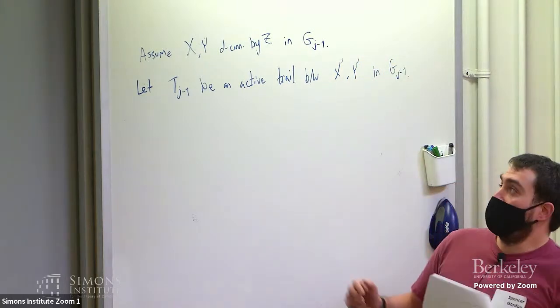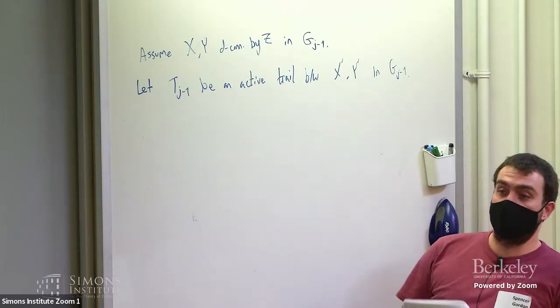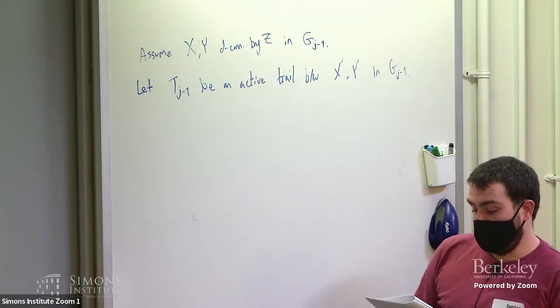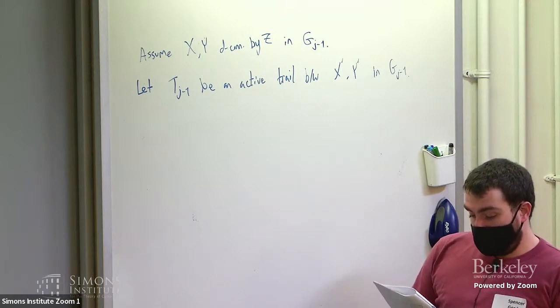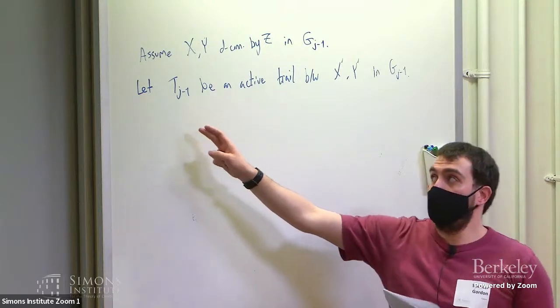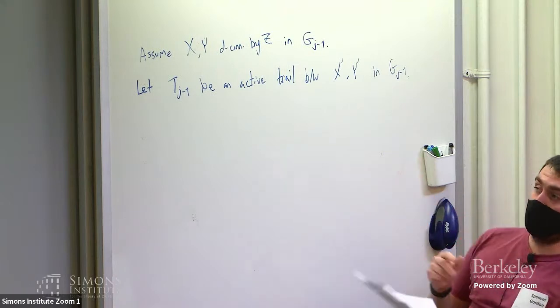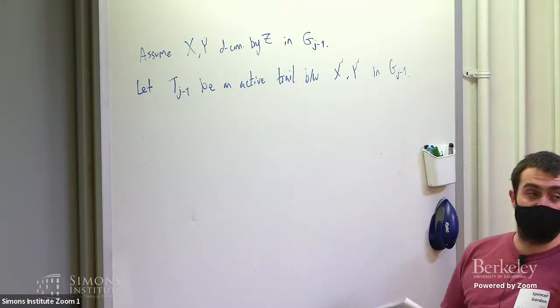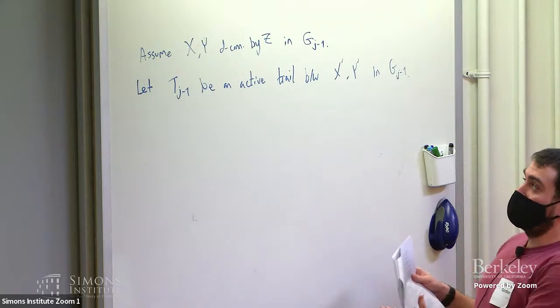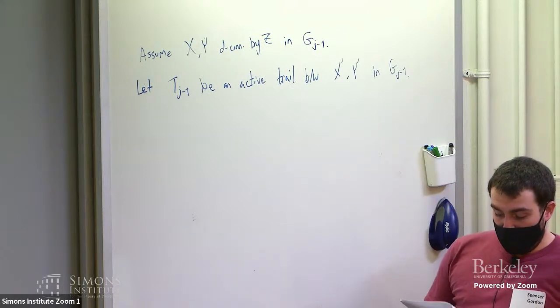We want to somehow find another active trail in GJ between these same vertices. That's our current goal. So first observation is that this is still a trail in GJ because when we go from GJ minus 1 to GJ, we just add edges. So every edge that we used in GJ minus 1 is still an edge in GJ.